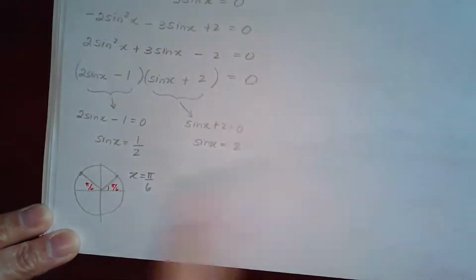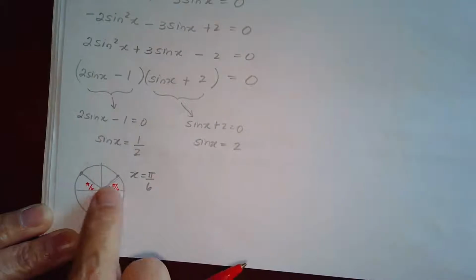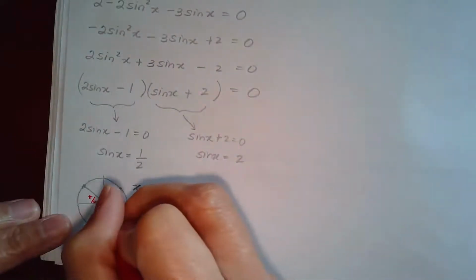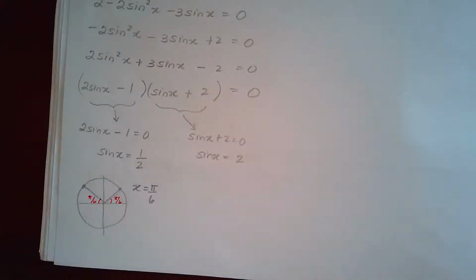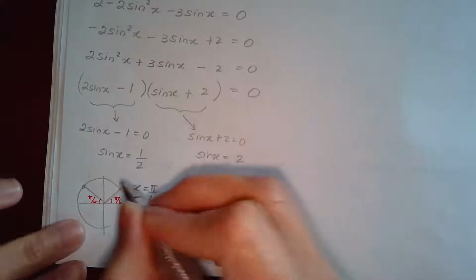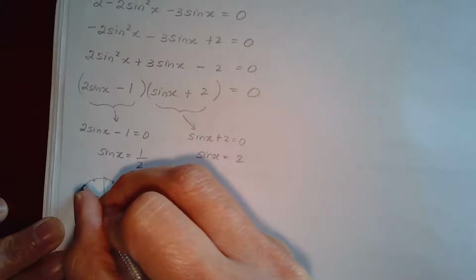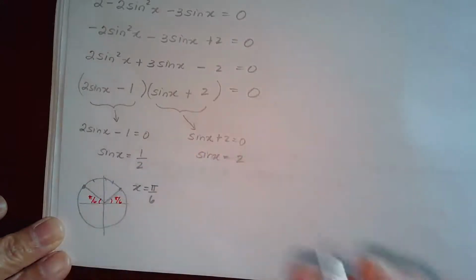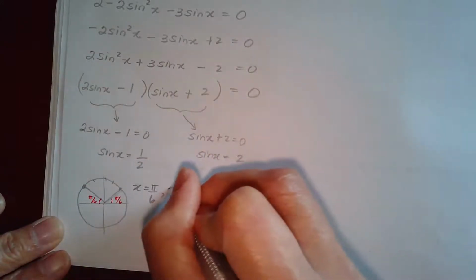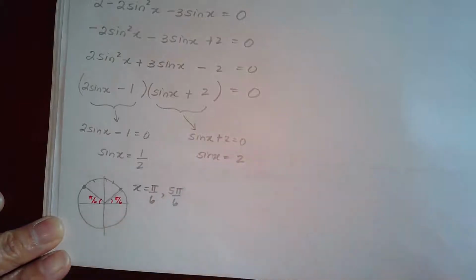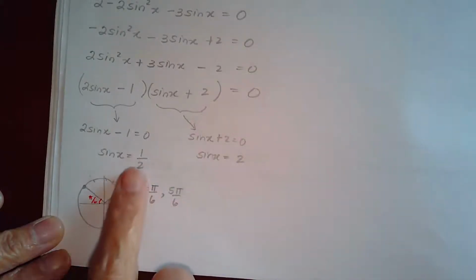It's basically pi by 6 there and there. So the next one would be, if this is 1/6, 2/6, 3/6, 4/6, 5/6, 6/6, the other one would be 5 pi by 6. So we got 2 solutions for that one.